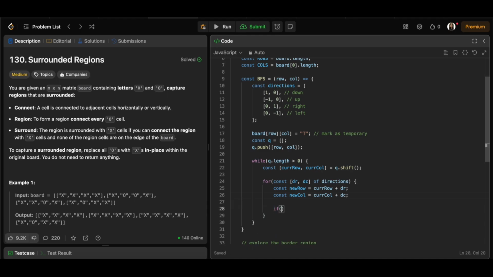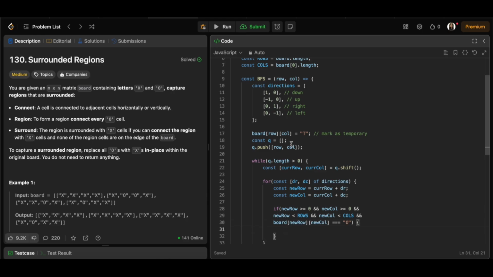Okay, if the row is bigger or equal to, it should be new row, 0, and new col is bigger or equal to 0, and new row is smaller than the rows, and new col is smaller than cols, and board[new row][new col] needs to be a region.